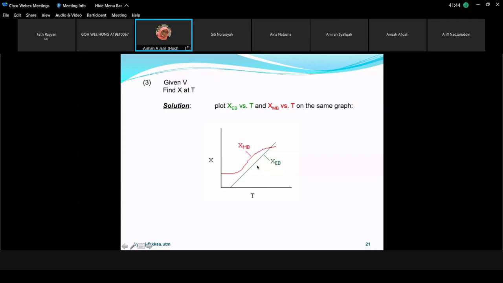Okay, I send you in the WhatsApp. If I am a student, there is a flow chart that you can see on your WhatsApp. In the textbook, there is a flowchart for this type of question.